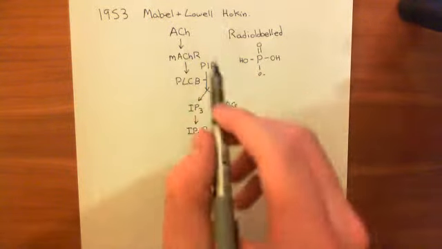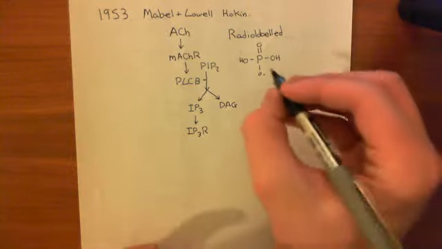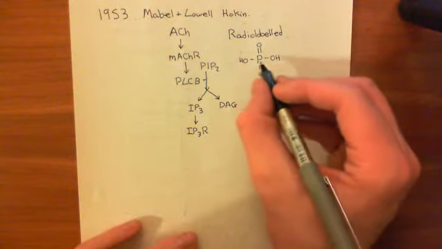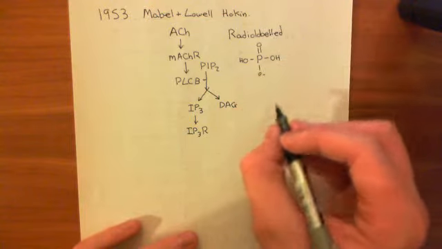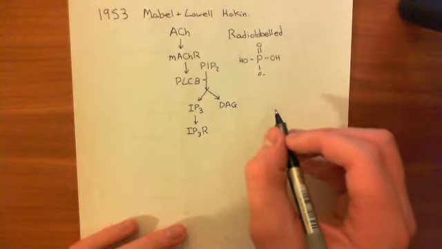What Mabel and Lowell Hokin saw is that this radioactively labeled phosphate was going into the membrane. So when they stimulated this pathway with acetylcholine, the radio-labeled phosphates were going into the cell membrane afterwards. So why was that?